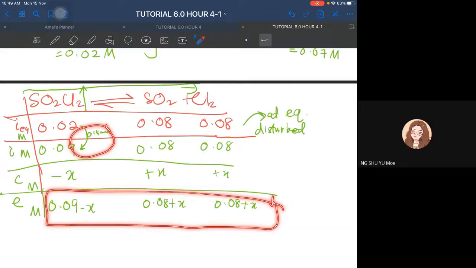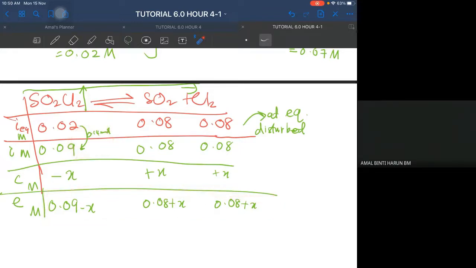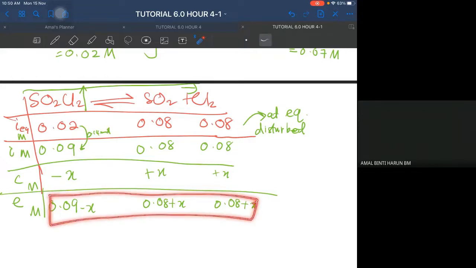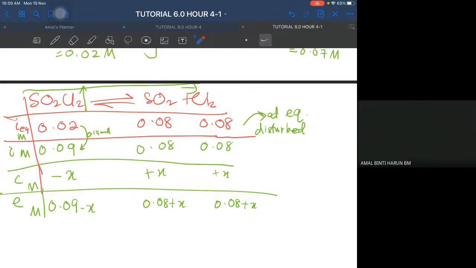No change. Okay, because we know that our Kc will remain constant no matter how much concentration is added. Kc only change when we change the temperature.